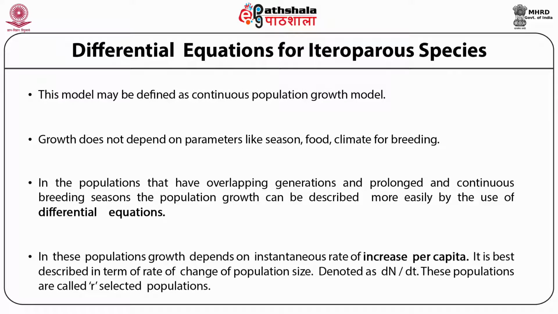In these, population growth depends upon the instantaneous rate of increase per capita. It is best described in terms of the rate of change of population size and is denoted as dN upon dt. These populations are called r selected species.